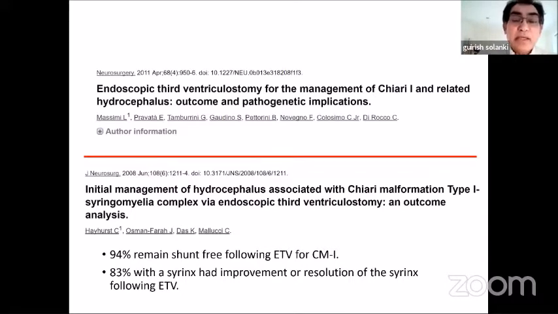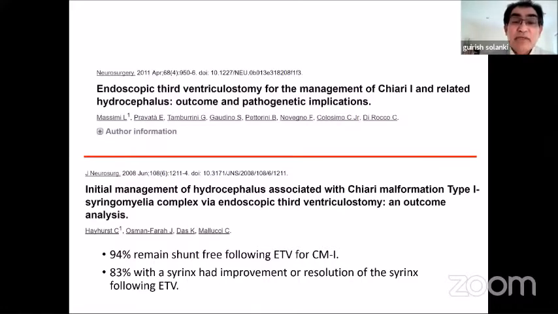And in this regard, a number of my colleagues around the world have already been working on this, and they've published the experience of endoscopic third ventriculostomies in the management of Chiari and related hydrocephalus, like again, the Consensi de Rocco's team in Rome, my friend Conor Malucci in Liverpool, and they both reported that if you do an ETV in a child with Chiari malformation, in fact, the Liverpool study included adults as well, 94% remain shunt-free, and 83% of children with the syrinx had improvement or resolution of the syrinx following an ETV.